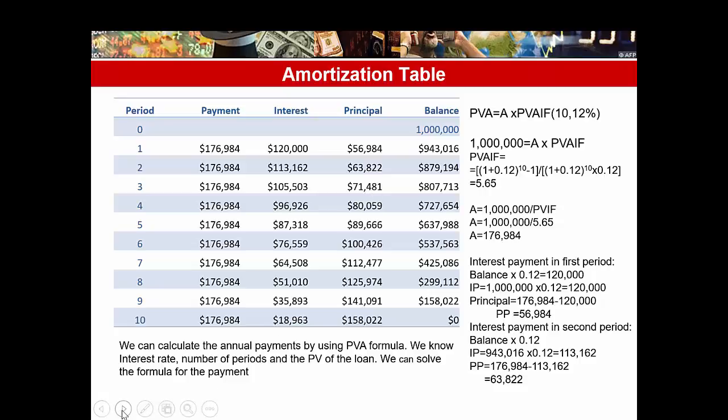So this is a simple example of amortization, and we created a table in here to show that each payment included varying composition of interest and principal, and the loan balance declines in this fashion as it is shown in the last column.